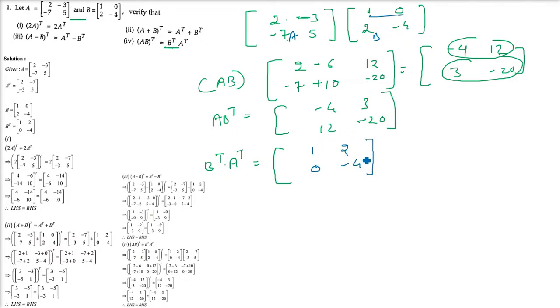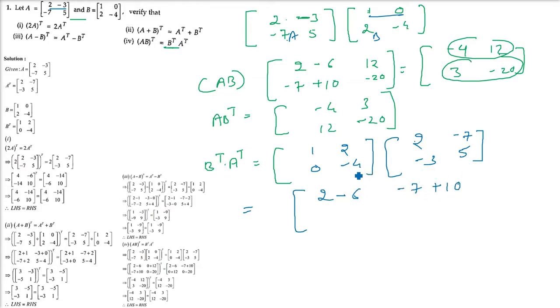Then we have A transpose, which we have already done in the earlier part. So this is 2, -3 in the column and -7, 5. Now let us multiply it. 1 into 2 is 2, and 2 into -3 is -6. 1 into -7 is -7, and 5 into 2 is 10.